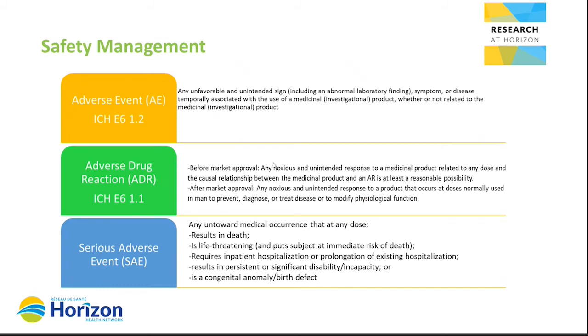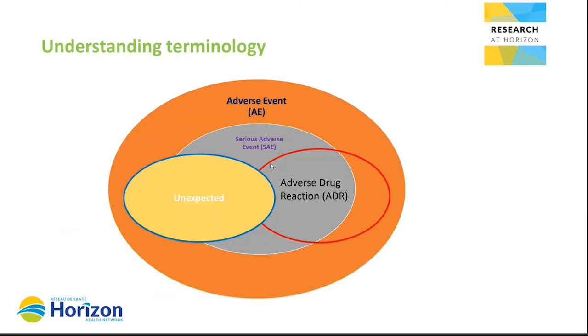So here you see the definitions. I'm not going to read them all. Let's look at this diagram instead of reading all the long definitions here. The diagram is to help you understand how each terminology could be identified and how they overlap one another.